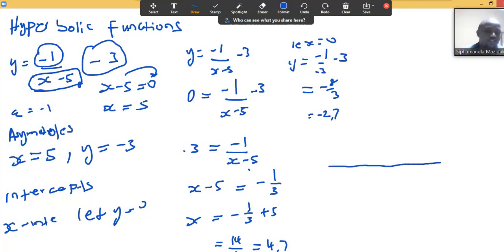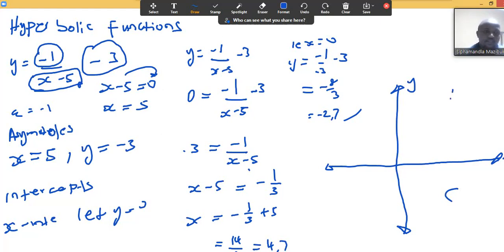Let's try to sketch the graph there. When we're trying to sketch the graph, we're looking at a is negative, so the graph should take this shape. This is our x, this is our y, and then we have our asymptote, x is 5.